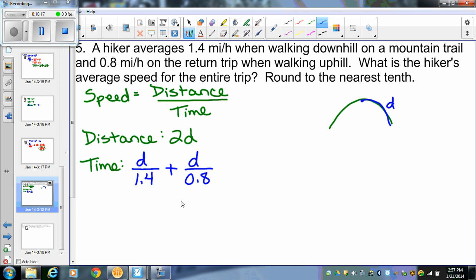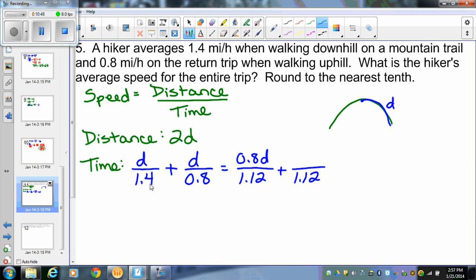So for your total time, I would suggest that we add these fractions together before we worry about going back up here to speed. You need a common denominator. I wouldn't try to figure out what these two have in common. I would just multiply the two together and make that your common denominator. Multiplying them gives 1.12. So the first fraction needs to be multiplied by 0.8, becoming 0.8d.